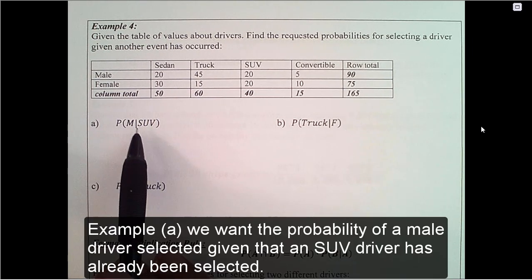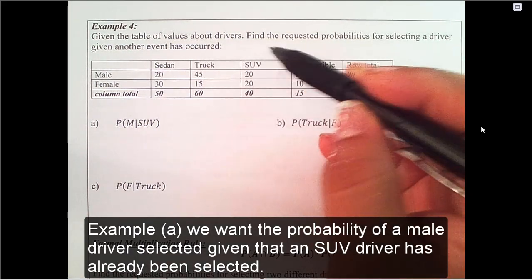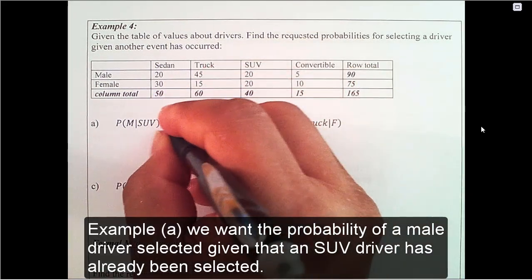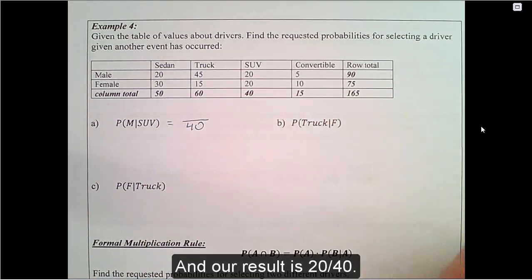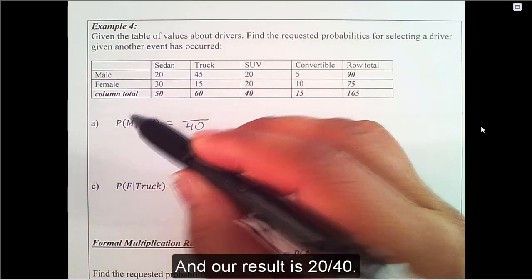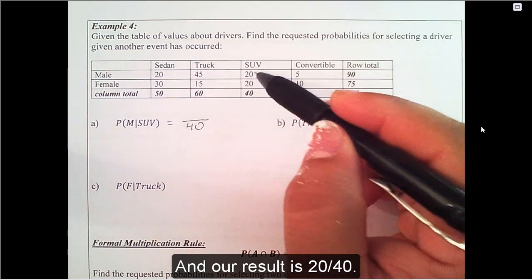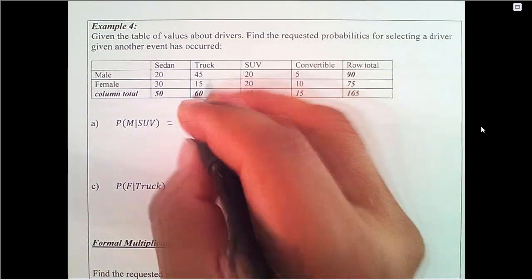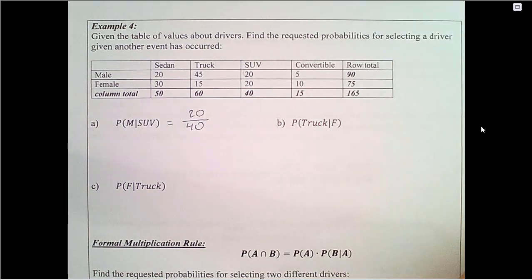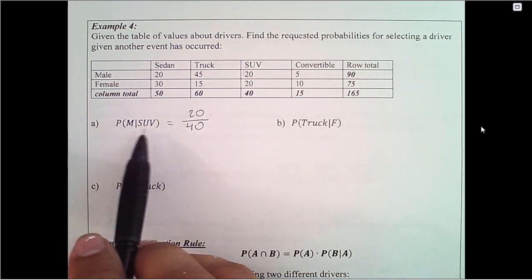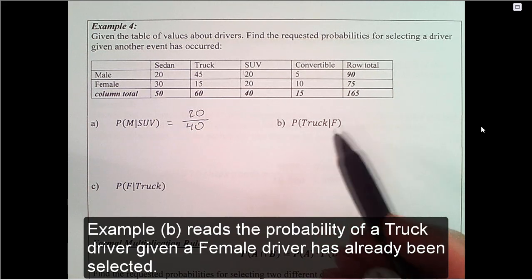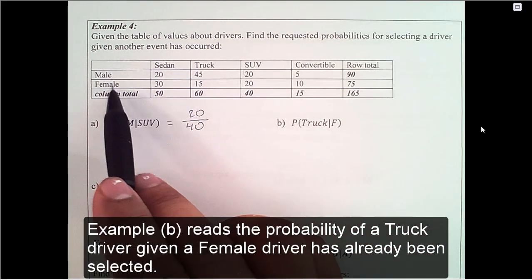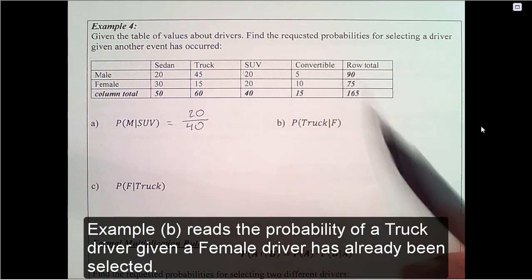Example A, we want the probability of a male driver selected given that an SUV driver has already been selected. And our result is 20 out of 40. Example B reads the probability of a truck driver given a female driver has already been selected.